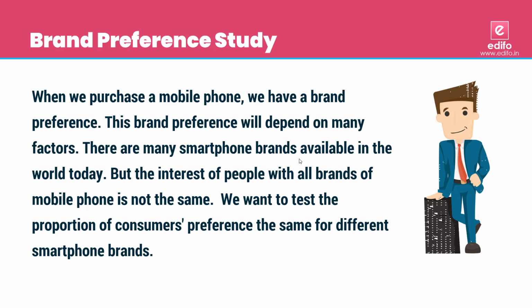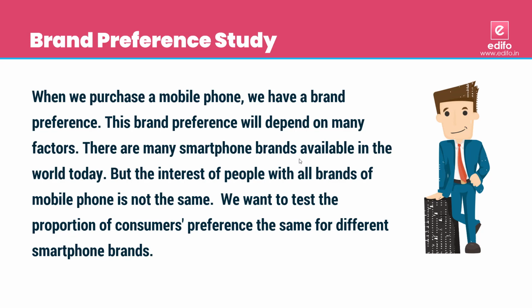We want to test whether the proportion of consumers' preference is the same for different smartphones. This is our scenario, and this is the example we are discussing throughout this video for solving the problem using the one-sample chi-square test. For this purpose, we need to select 4 smartphone brands.